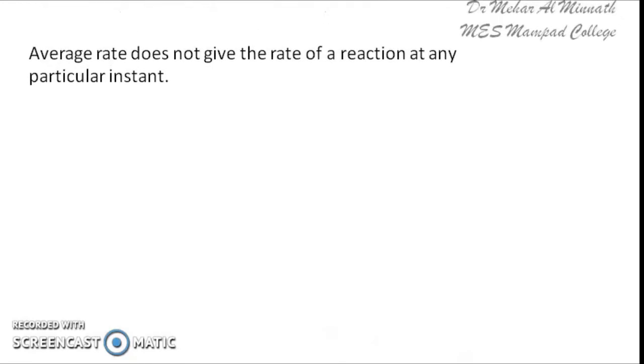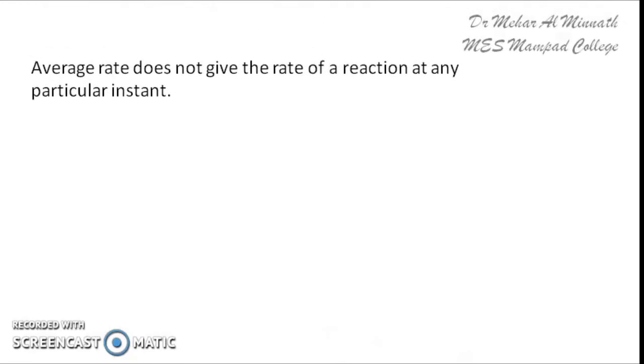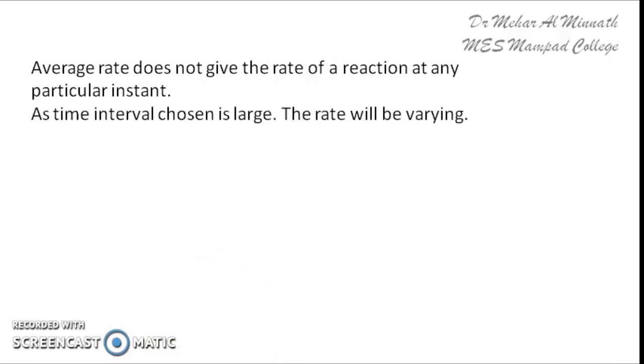Now, the problem with the average rate of a reaction is that it gives us the rate of a reaction over a long range of time. If we want to determine the rate of a reaction at a particular instant, or in general, what will be the rate of the reaction?